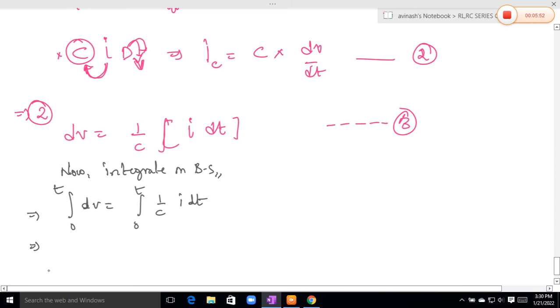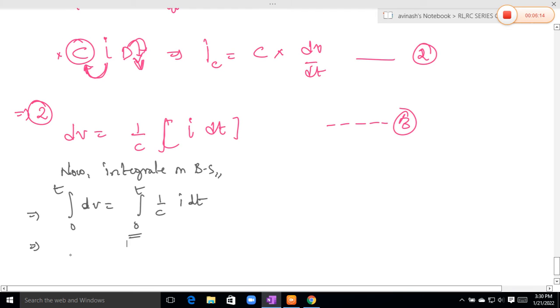For the integration of dV, let us take the limits from 0 to t. Why is it from 0 to t? Because a capacitor does not allow sudden changes of voltage. If it did, the denominator would be infinity. So for that reason it should be taken from 0 only.